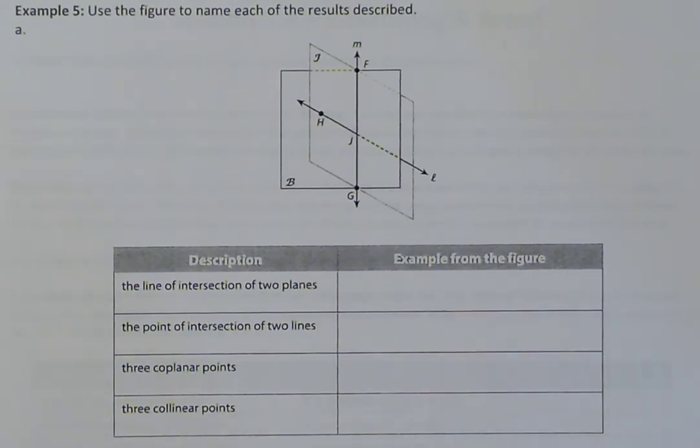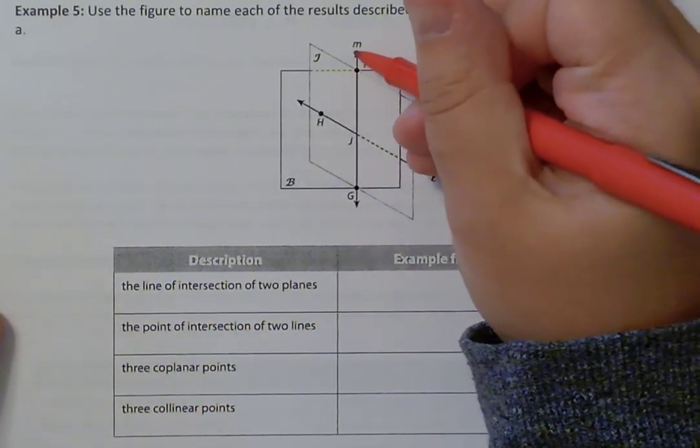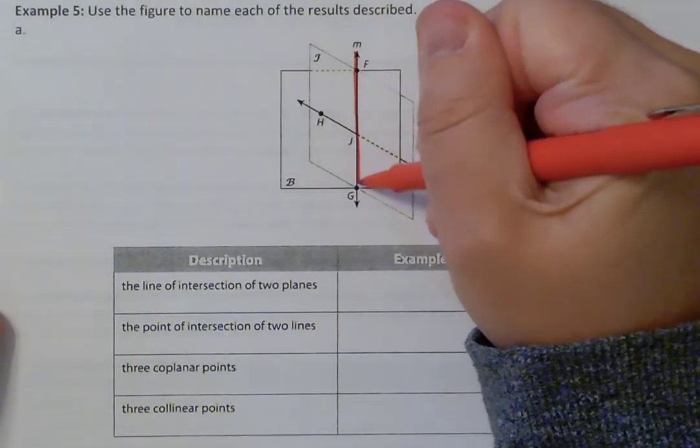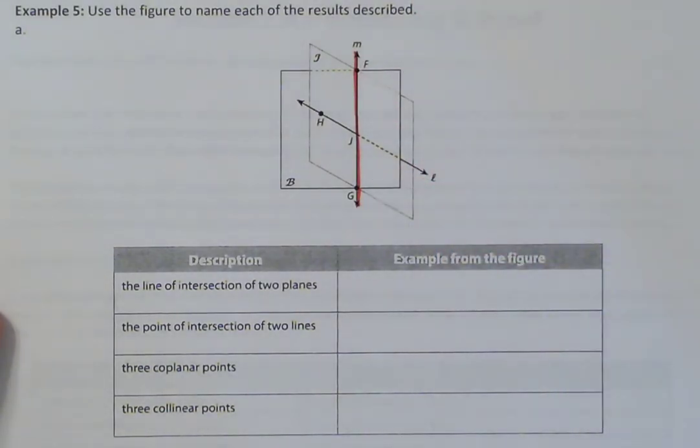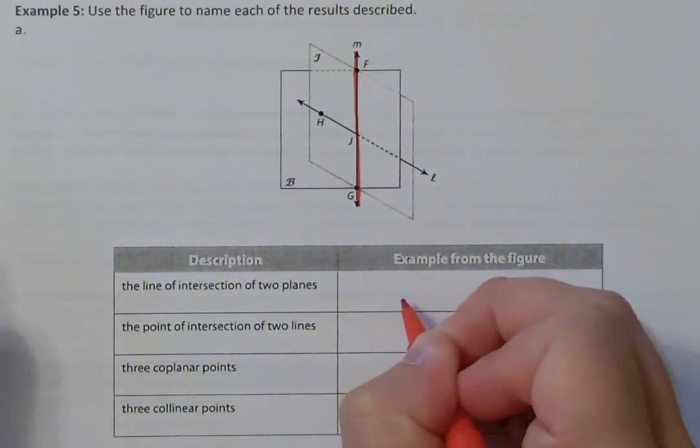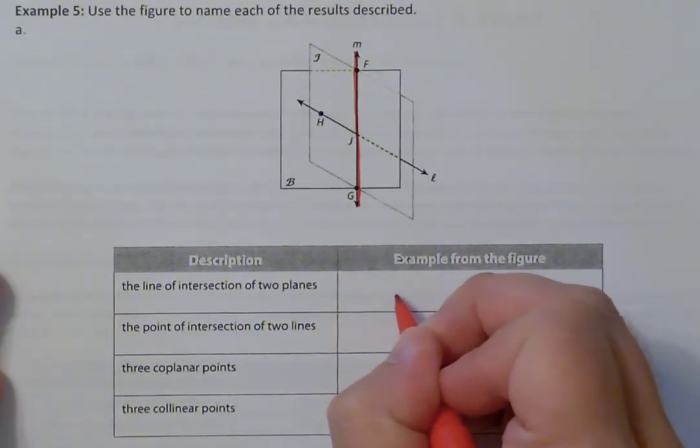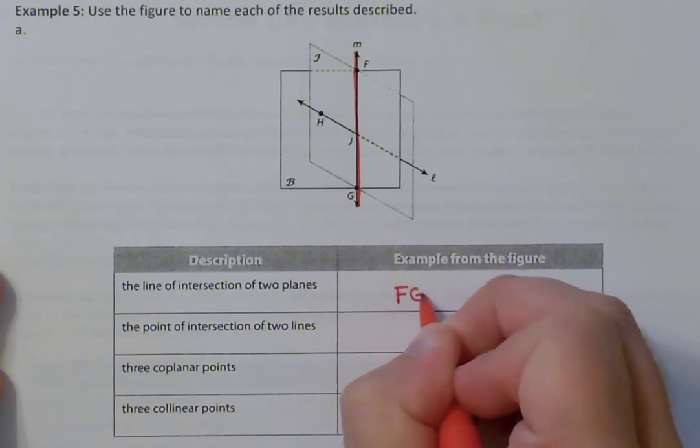So the first one is we need to find an example of the line of intersection between 2 planes. So remember that two planes are going to cross at one line, and these two planes are actually going to cross at this line. So the example from this figure is going to be the line FG or GF.